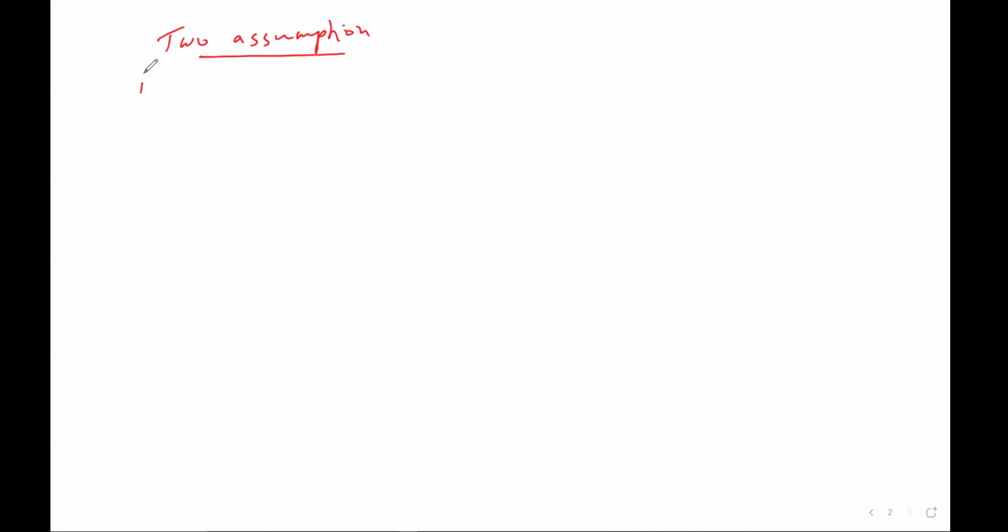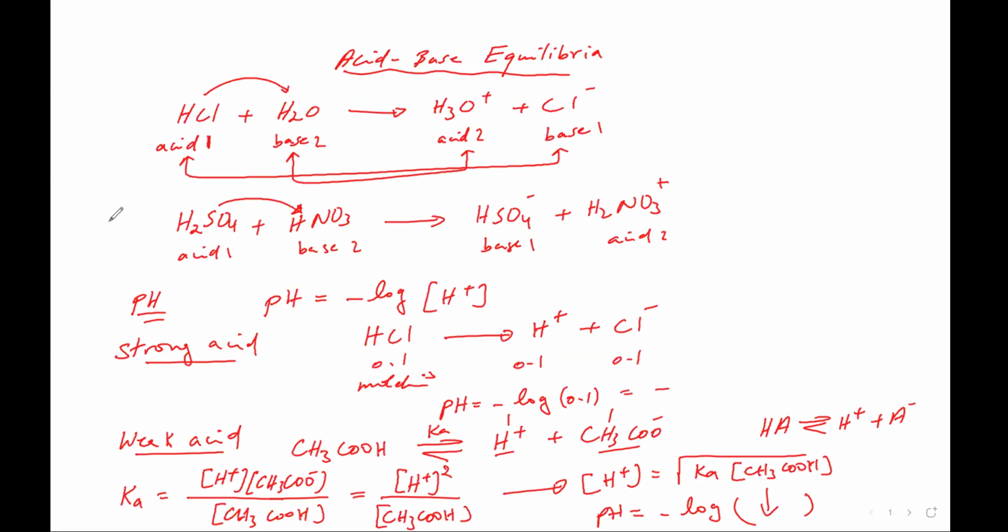So for the first assumption, we say that the concentration of the acid initially is equal to the concentration of the acid at equilibrium. And this is, of course, not true, because we substituted the concentration of the acid that is given to us in the problem, although this is the concentration of the acid at the beginning, without being dissociated.